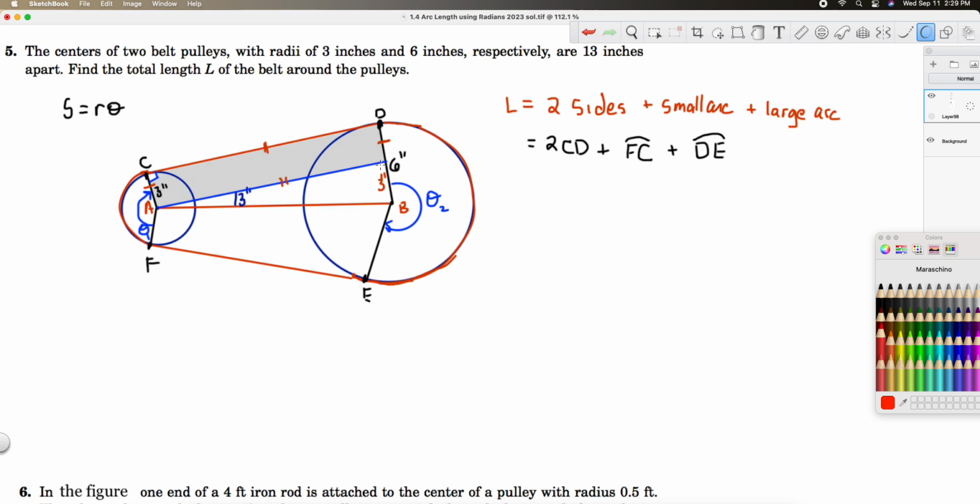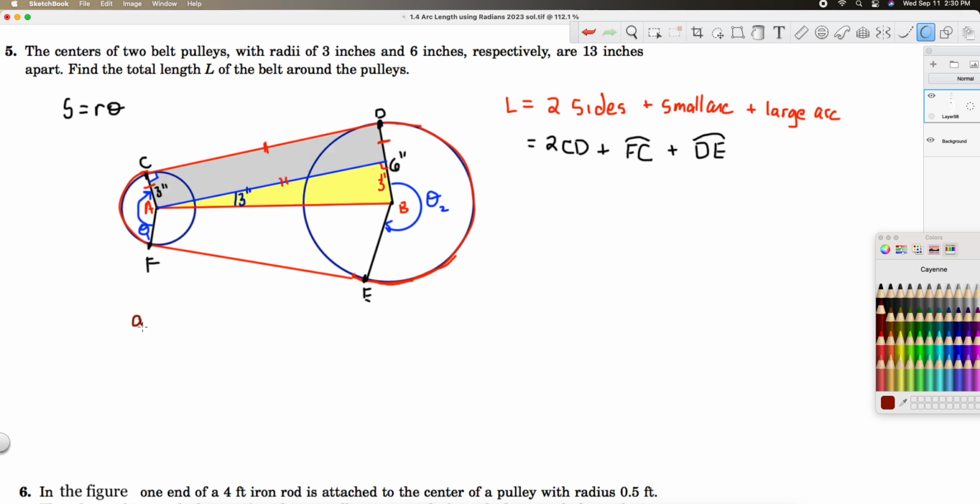So do you see I have a right triangle right here? Maybe make this yellow. This yellow right triangle, I know the hypotenuse is 13 from A to B, and I know this leg is 3. So I can use the Pythagorean theorem here.